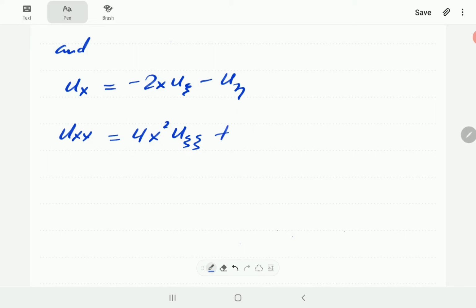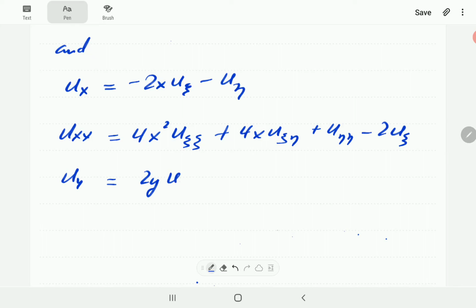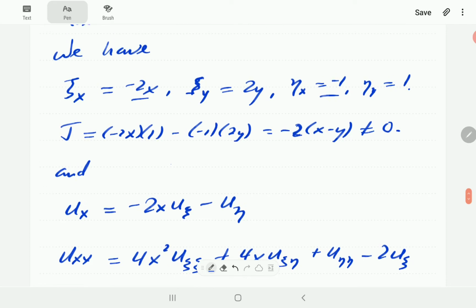So it's going to be 4x squared u xi xi plus 4x u xi eta plus u eta eta, and then derivative of this with respect to x is just going to be minus 2. So there's going to be that first order derivative term. Then uy is going to be 2y u xi plus u eta. This is because xi y is 2y and eta y is 1.